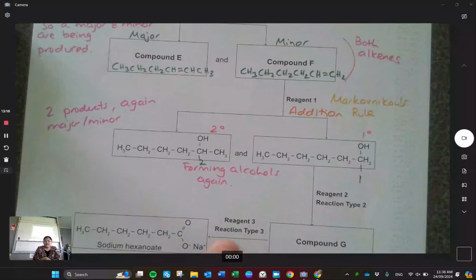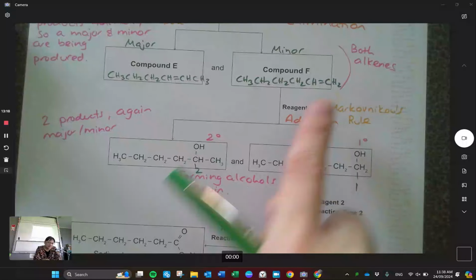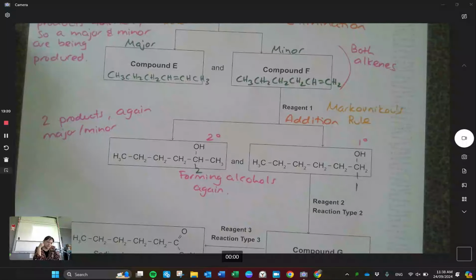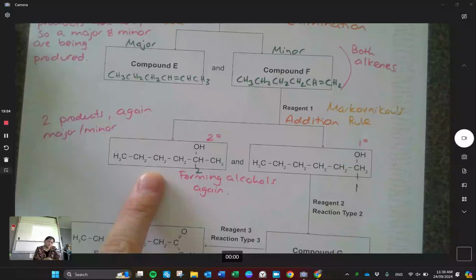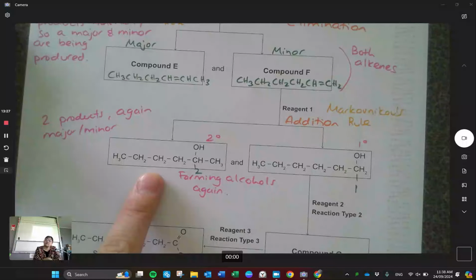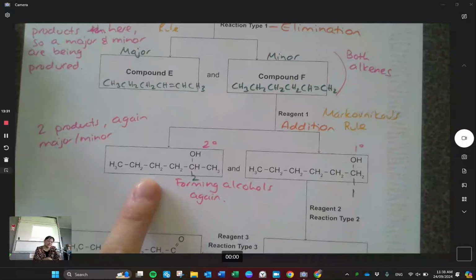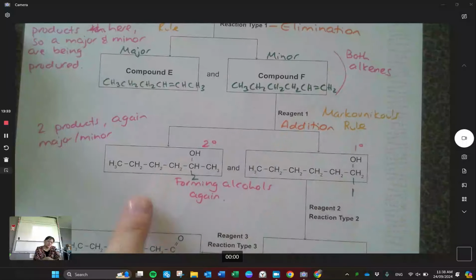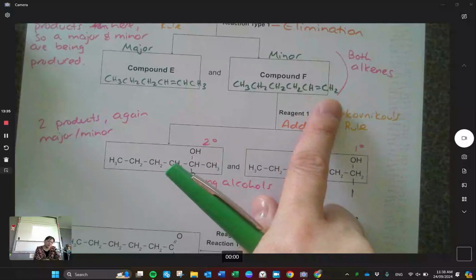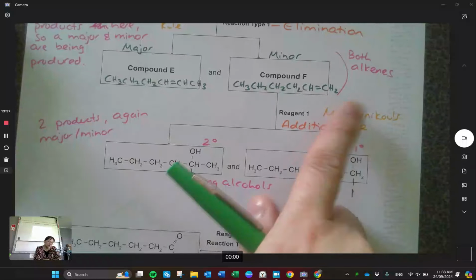All right, if we were looking at this guy here and we're adding the OH, so the rich gets richer. So is this the major or the minor product that's formed? The rich getting richer. That's the major because you see how the carbon on the end has more hydrogen, so it's gained another one.